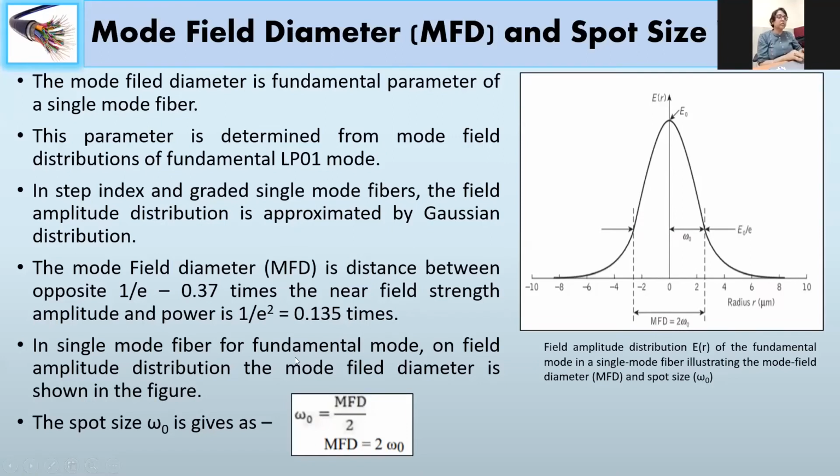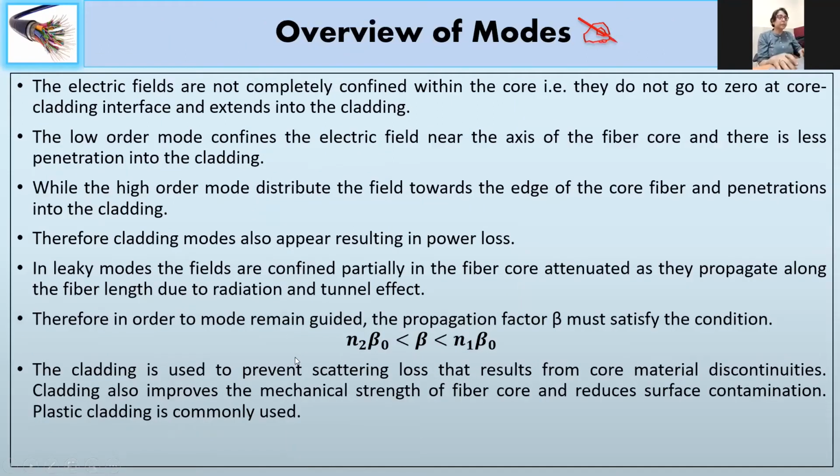cladding. So the mode field diameter is actually talking about the propagation constant and the energies associated with the mode traveling through it, that will be deciding your mode field diameter.